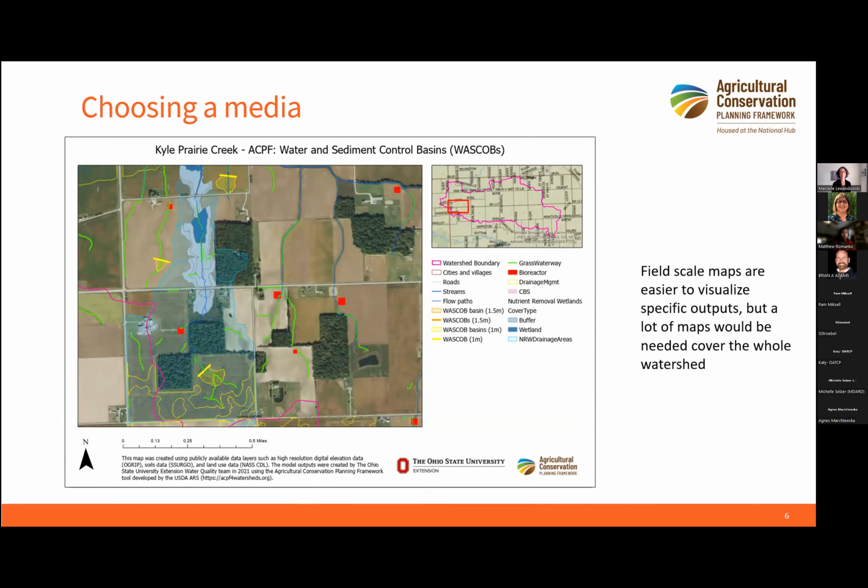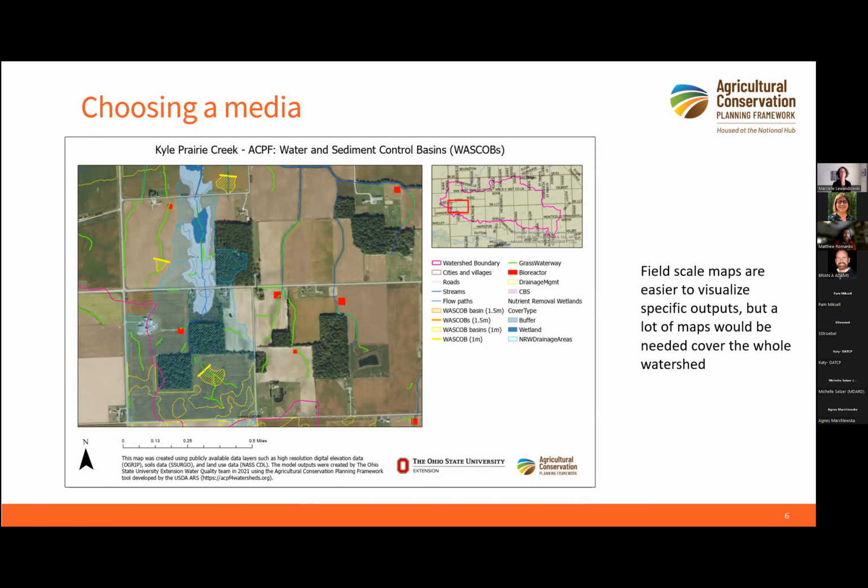So in an example like that, where you want to show some of those smaller field-scale practices on actual fields to show to people, you might consider just doing a map at a different scale. Here you can see that this area is zoomed in to the little red box that's shown in the small map in the upper right corner.